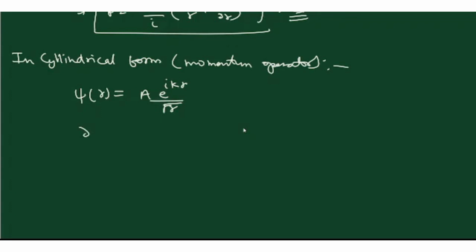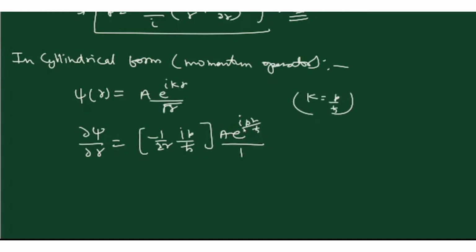We will do the same thing here, the differentiation. I am writing directly what the differentiation is. We get 1 upon 2r times iota p over h cross a e to the power iota p r over h cross, where we have just put k is equal to p upon h cross, and divided by root r. After that we get minus 1 upon 2r, and there should be a plus term, because we will differentiate this now.